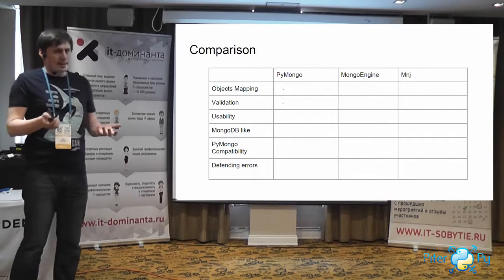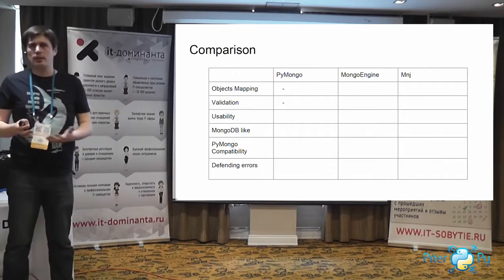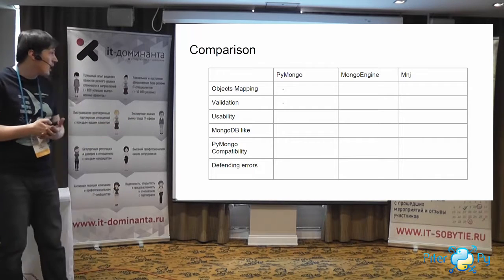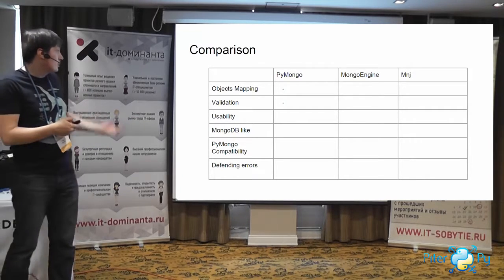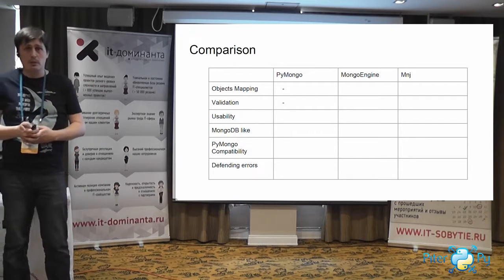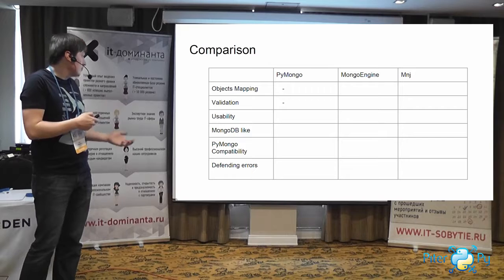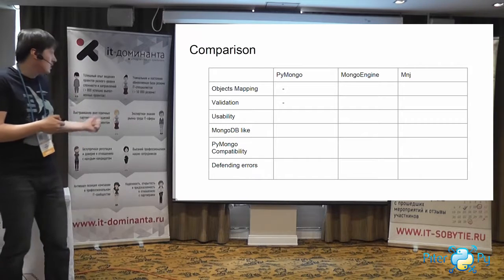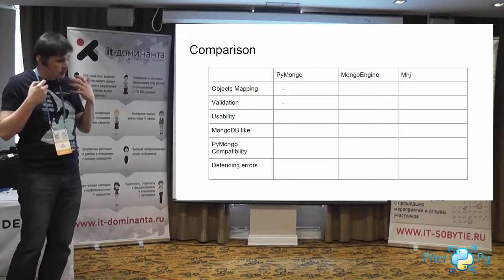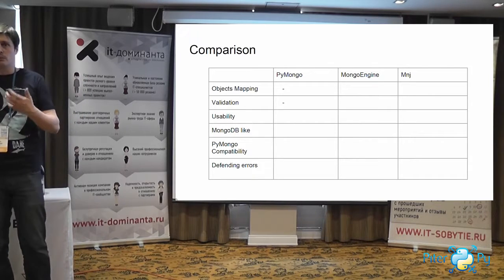Well, let's compare these three things: PyMongo, MongoEngine, and Mnj. For the start, I want object mapping and validation that is not in PyMongo directly. I want to see good usability. I want something MongoDB compatible, MongoDB-like.